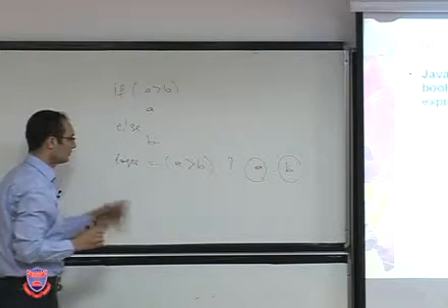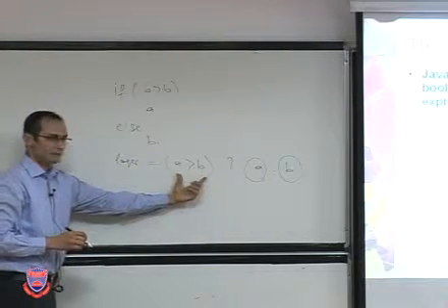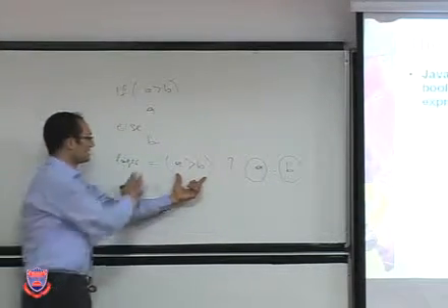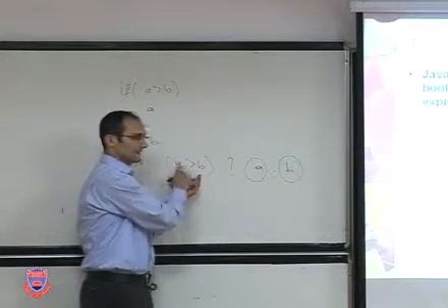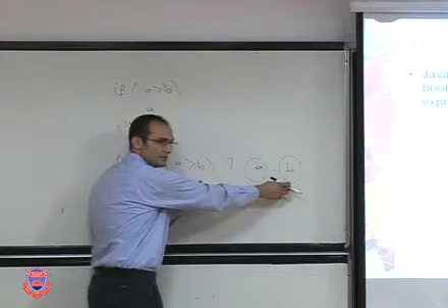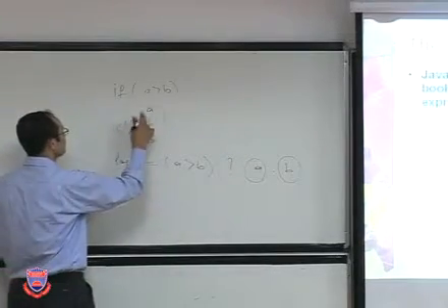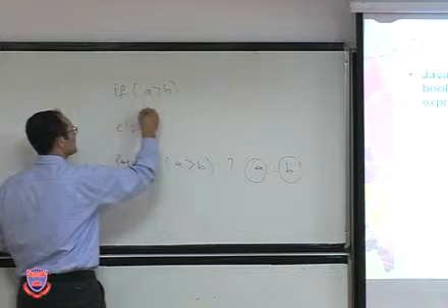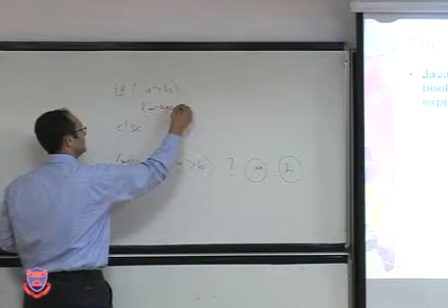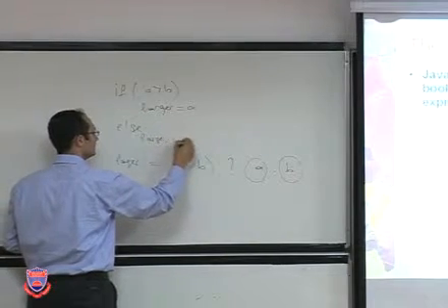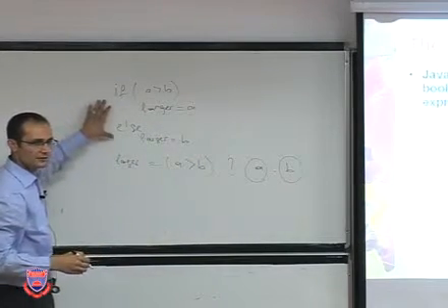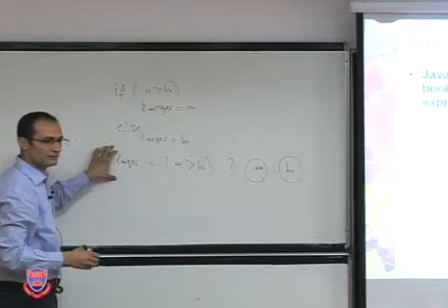Larger is equal to, if A is greater than B, larger will be equal to A. If A is less than B, larger will be B. So in this case, it is going to be something like this. Larger equals A, else larger equals B. So this is exactly the same as writing it as an if-else or implementing it like that.